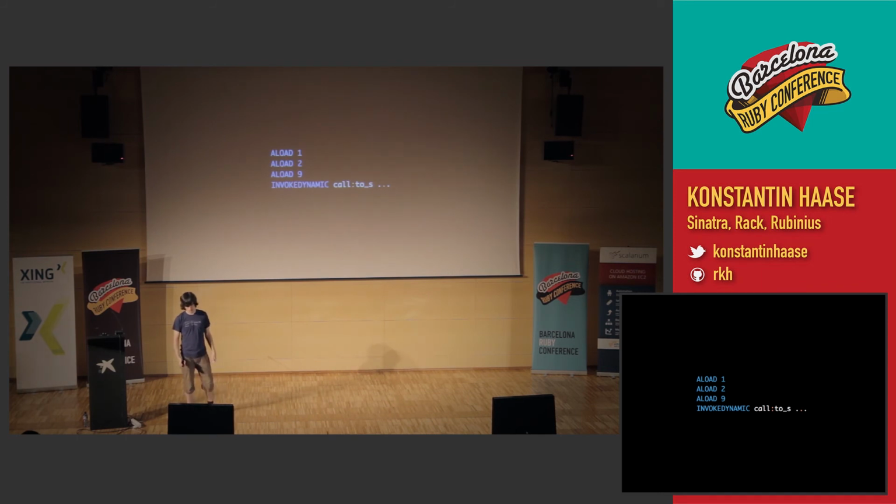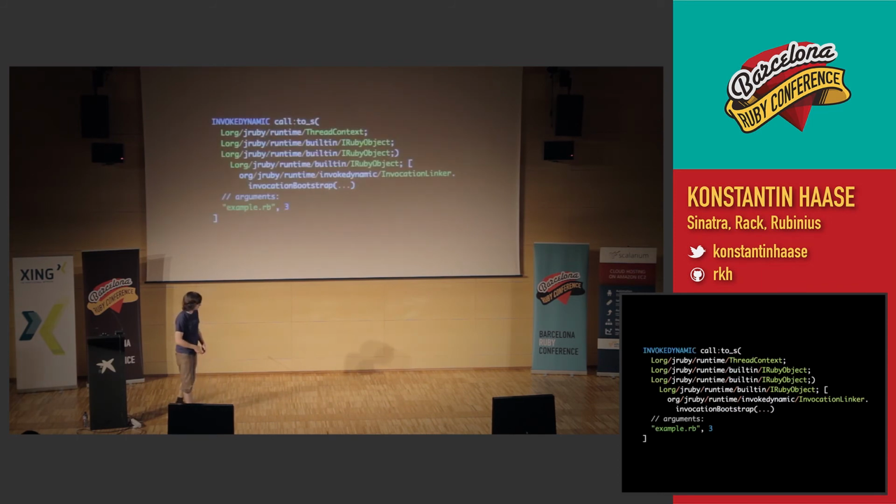So the invokedynamic bytecode actually takes a ton of arguments. Those are the arguments JRuby needs: the execution context for the current thread, the object at itself, and the argument, and it will return a Ruby object, IRubyObject, which is what a Ruby object looks like from the JVM side.